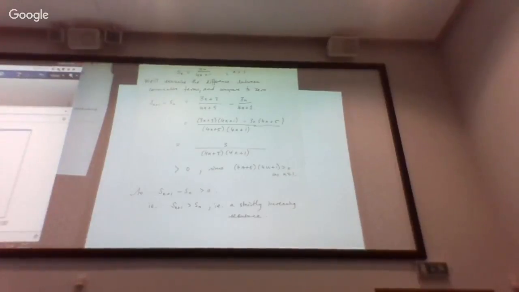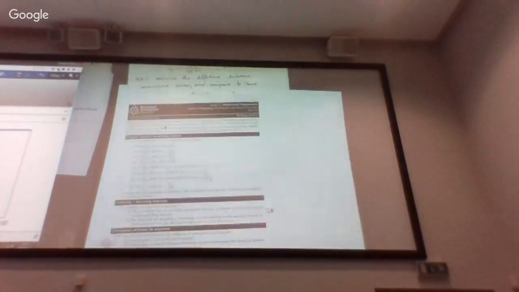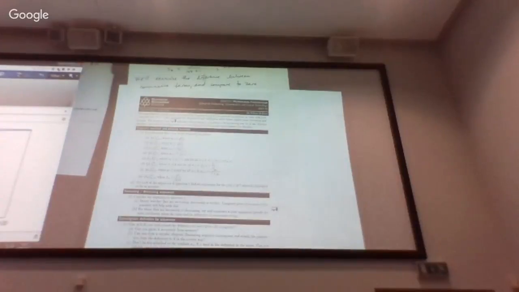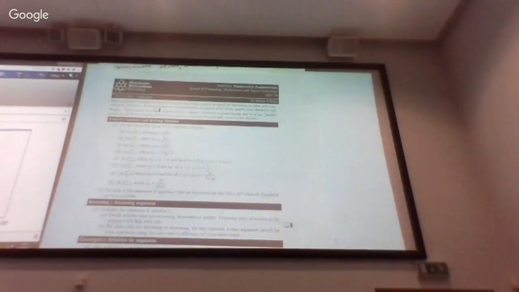increasing and decreasing sequences. So for your tutorials, you're going to be working on this tutorial sheet for my half of the unit. Okay? So I'll give you all one of these now. And there's plenty of questions here. By no means will you be giving these full treatment in every tutorial.